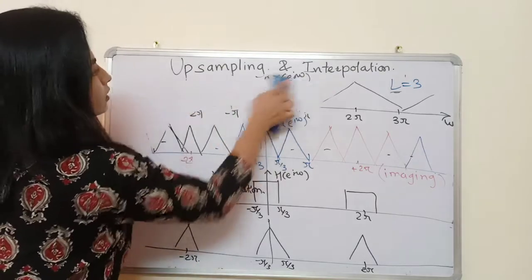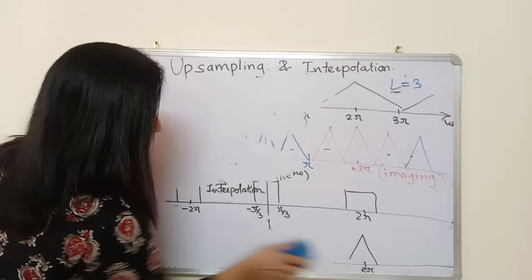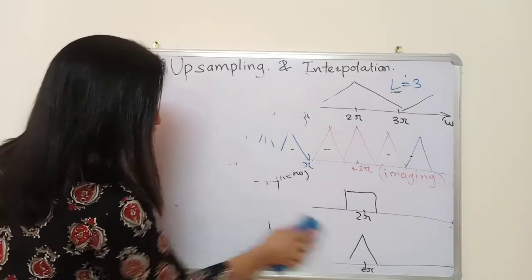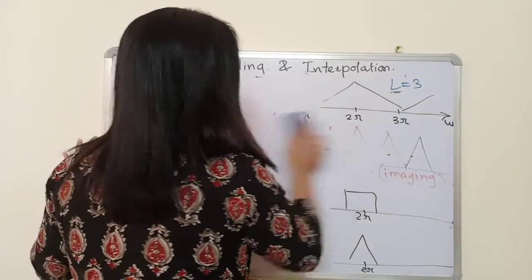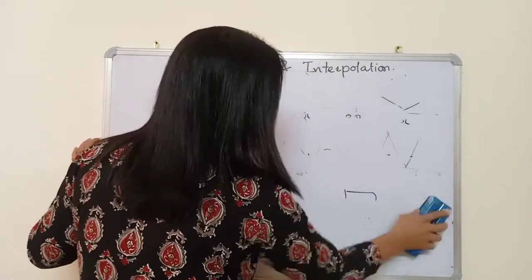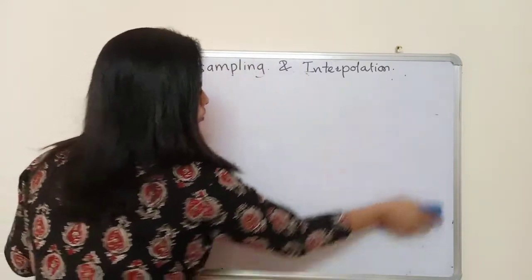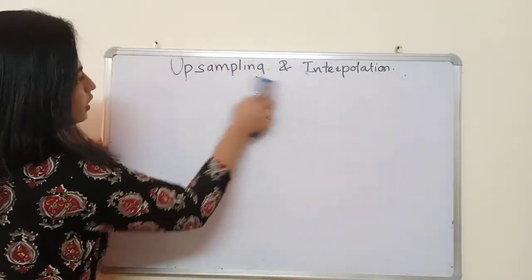I hope you have understood what happens in upsampling. Upsampling and downsampling are two very important operations, and they can be used consecutively, one after another, to get various sampling rates, and they are also used in filter banks.